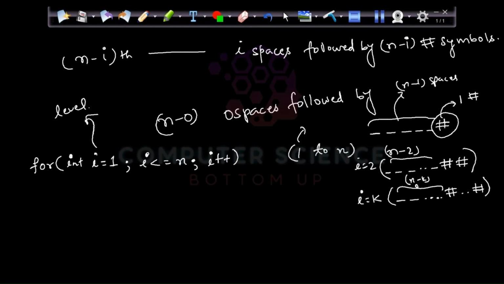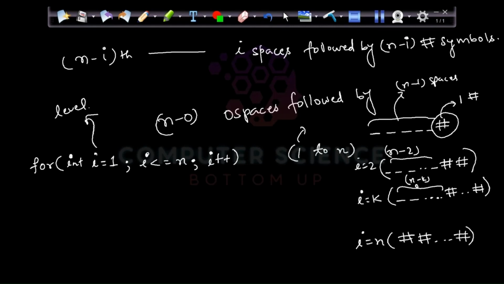And at the last level, when i is equal to n, we will have n minus n spaces, so n hash. We will not have any space.